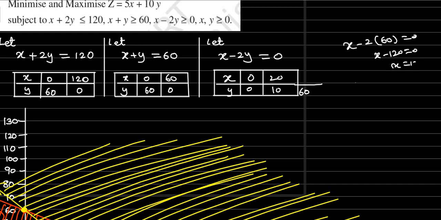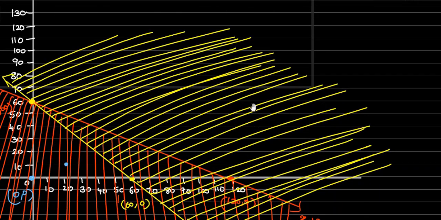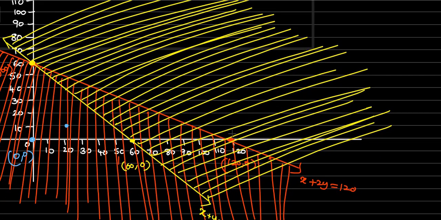The corresponding x value is 120. So 120 comma 60, let's plot it: 120 over here and 60 here. So this point is the 120 comma 60 point. Now let's connect all three points together.